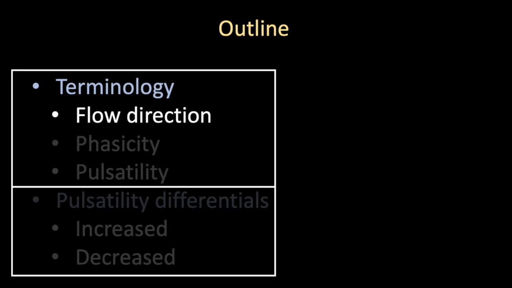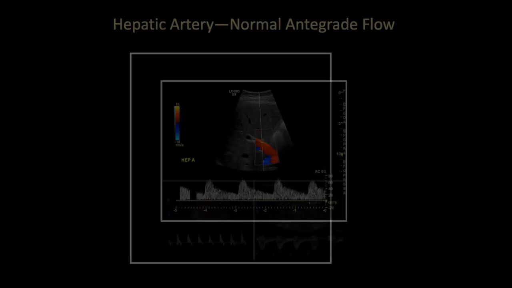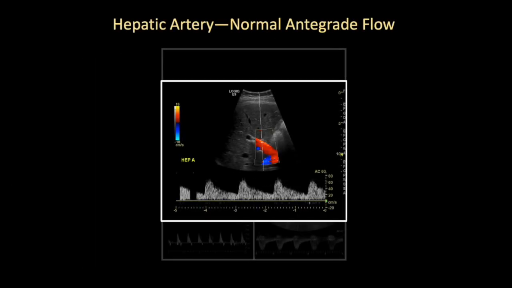But the other way we can think of flow direction is, is it antegrade, which is flow in the expected direction, or is it retrograde, which is flow in the reverse of the expected direction? And that's probably the better definition to go by when we're talking about the liver. Is the vessel antegrade, again, flow in the expected direction, or retrograde in flow, which is flow away from the expected direction?